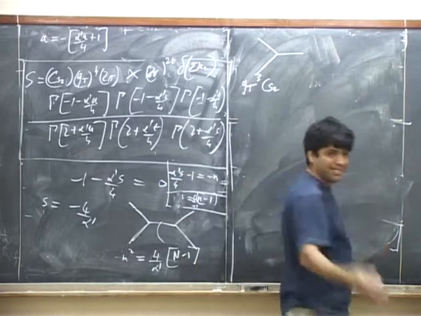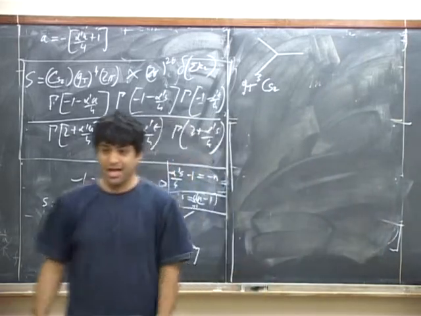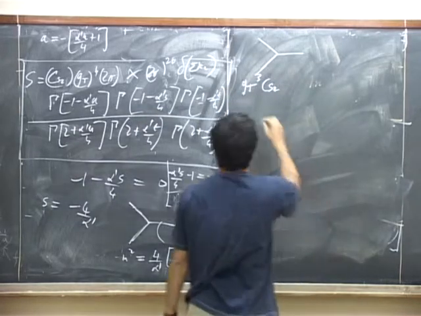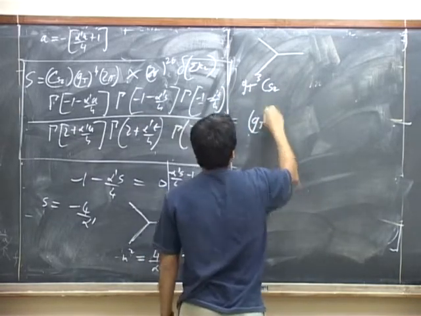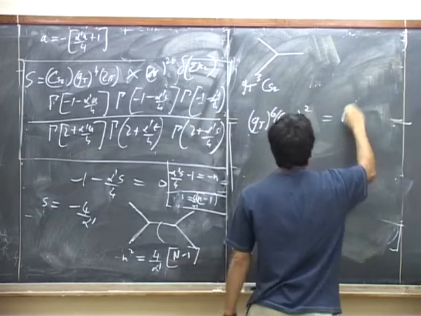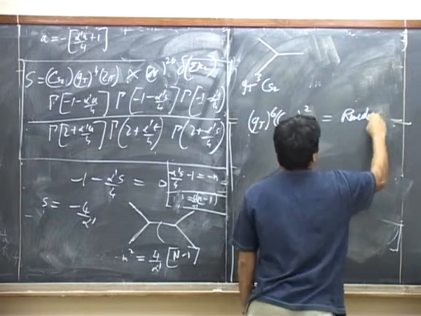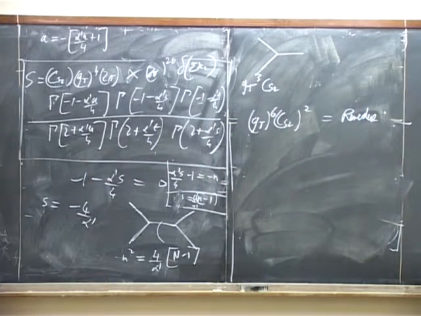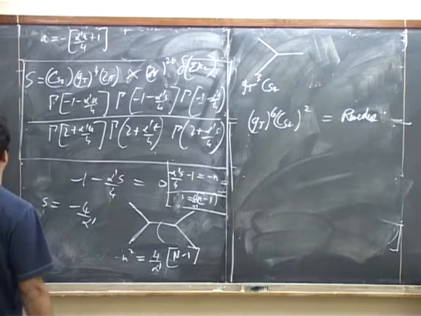The other one was the same thing. So the pole from this process, the residue of the pole should be GT to the 6 times CS2 squared, should be equal to the residue. Okay? But now what do we find for the residue?